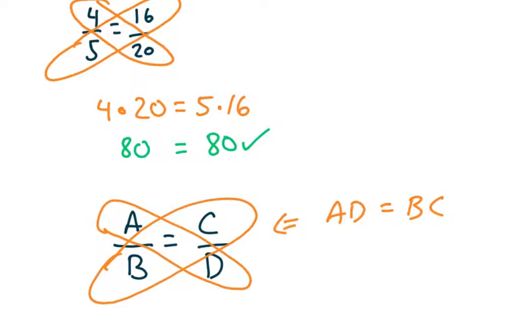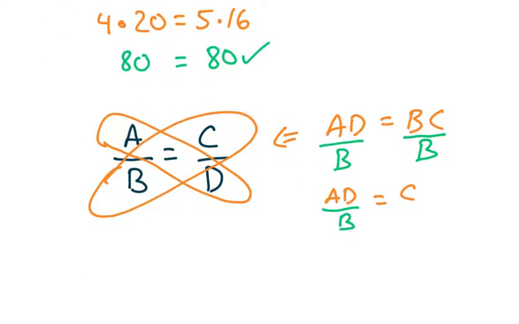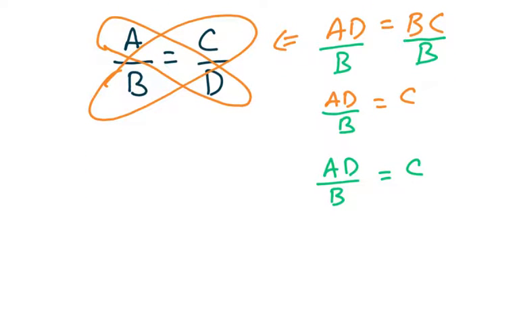So if I wanted to do that, I could divide by B, and I could say AD divided by B equals C. Then I can take this new equation that I have and rewrite it here, exactly what I just wrote above.